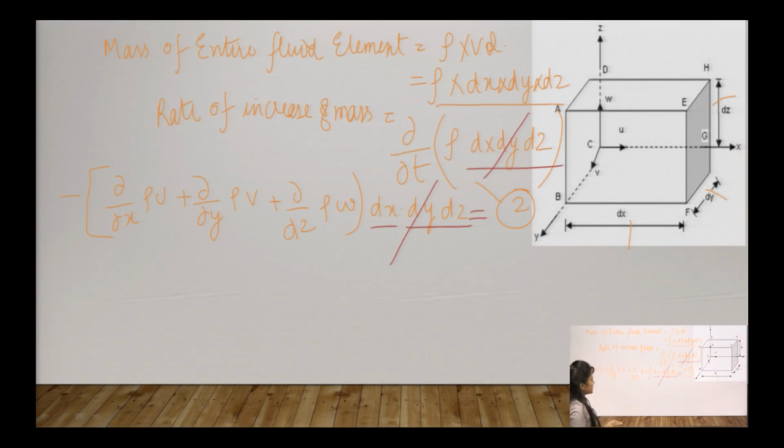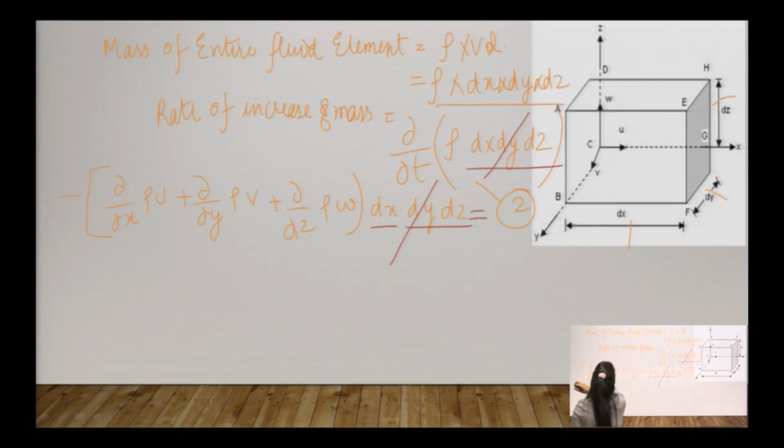Or you are getting an equation in terms of the change in density with respect to time, that is it will define whether the flow is steady or unsteady. If it is constant, then the flow will be steady. If it is varying or having a certain value, then the flow will be unsteady. Let us see the generalized form, taking all these terms as negative.